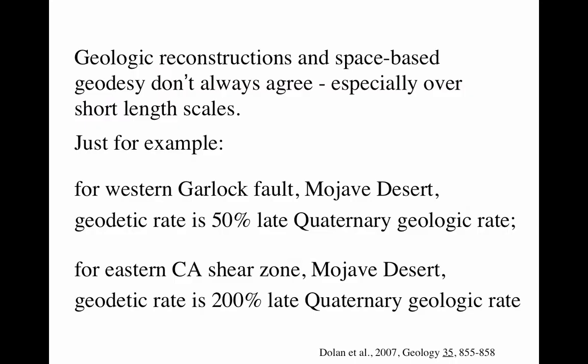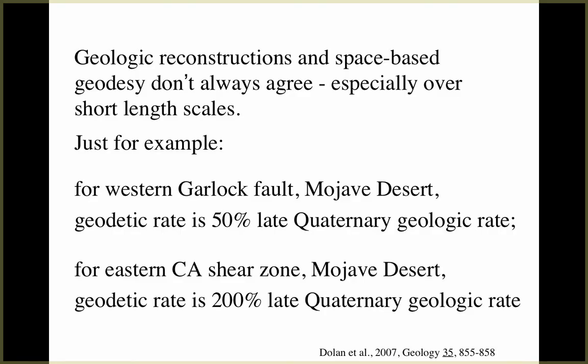It's important to recognize that geologic reconstructions and geodesy may be at odds. To take a couple of examples from Southern California, we find that geodetic rates and geologic rates may differ by factors of 2 even in the last million years. In the Western Garlock Fault, the geodetic rate is half the geologic rate.